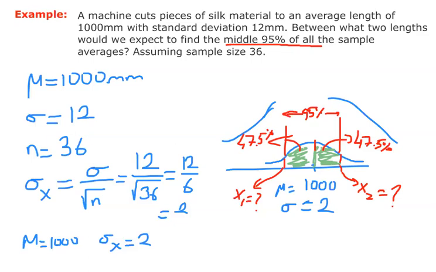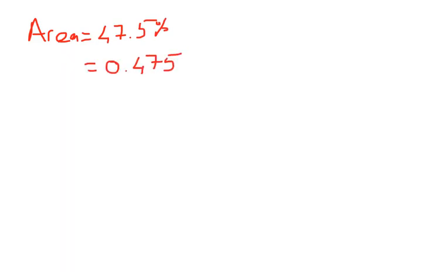So this is telling me that the area I have is 47.5%, which means 0.475. I have mu equal to 1000 and sigma x equal to 2. Therefore, I will work backward.